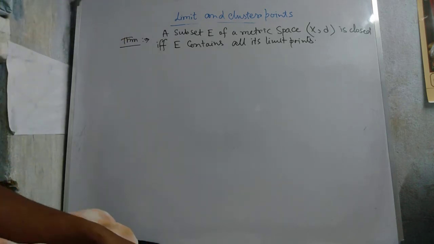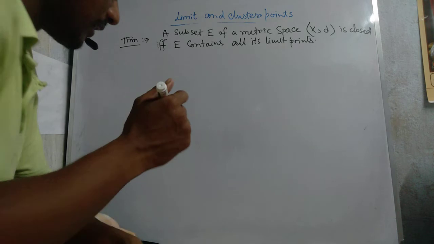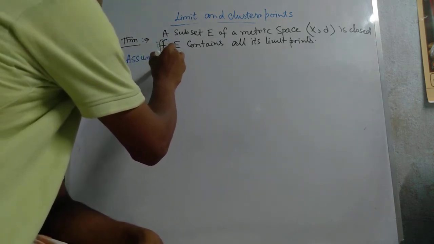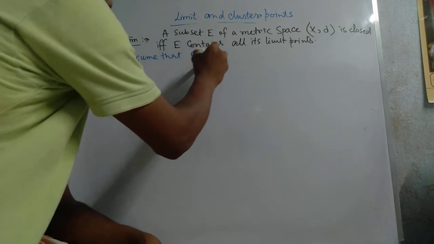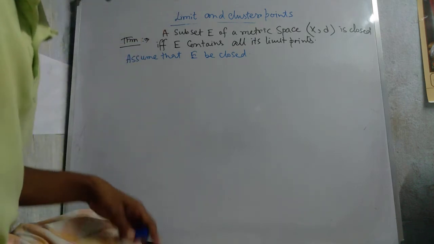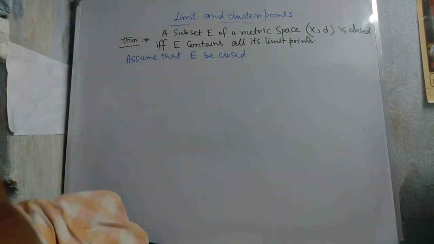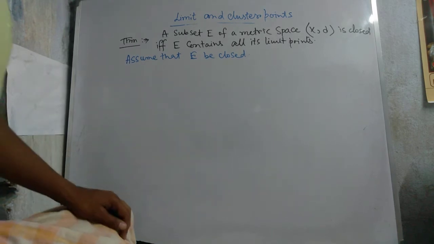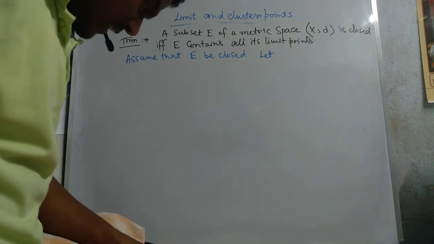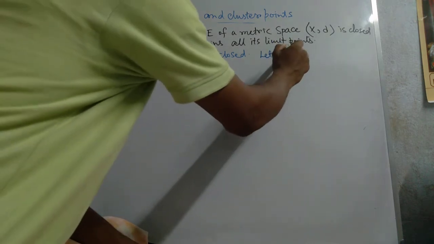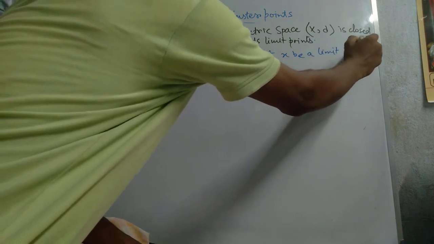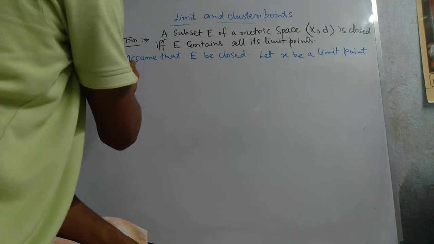First we start by assuming that E is closed. Assume that E is closed. Let x be a limit point of E.